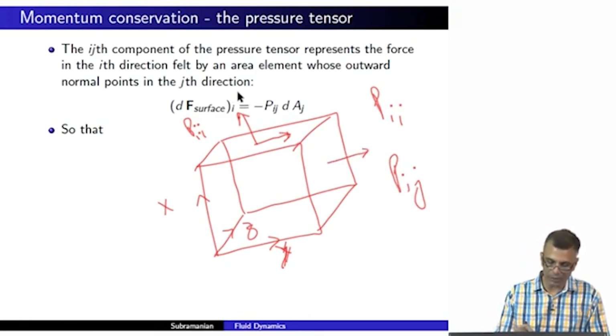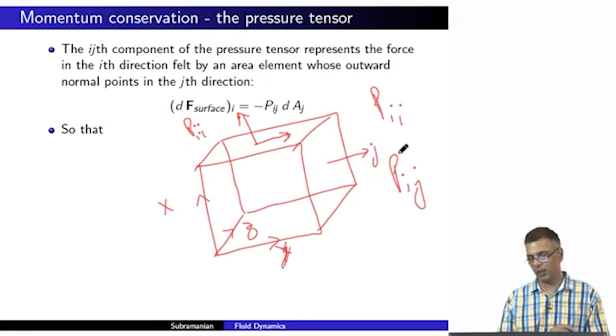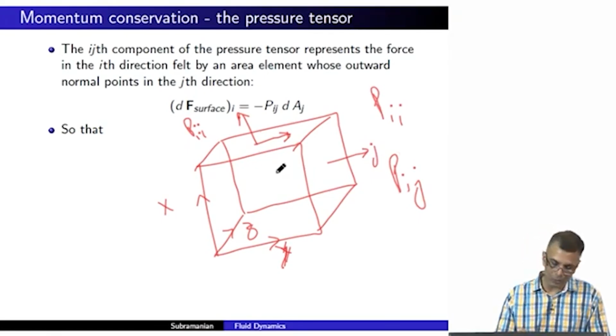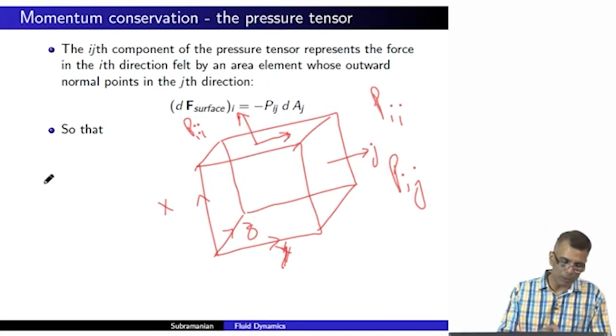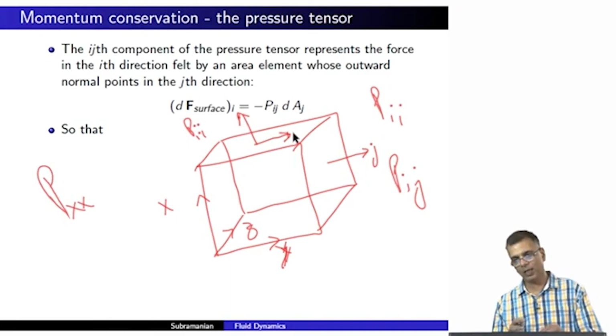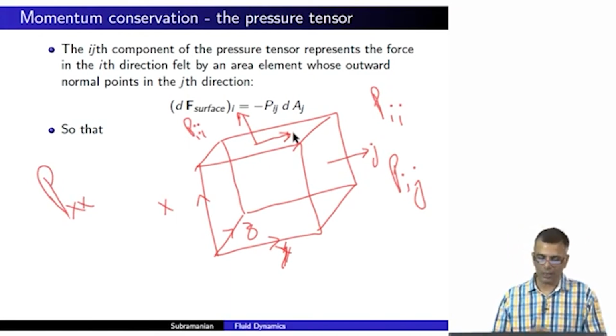So if that's the ith direction and this is the jth direction, the j in this case would be along the y axis, and the i would be along the x axis. So something like this would be Pxx, whereas something like this would be a Pxy or Pyx. That's all this is.